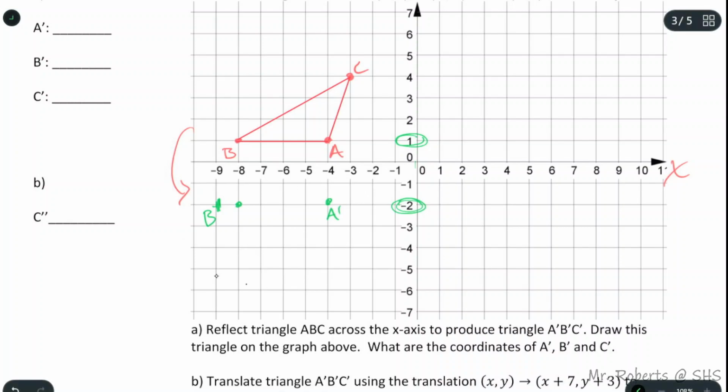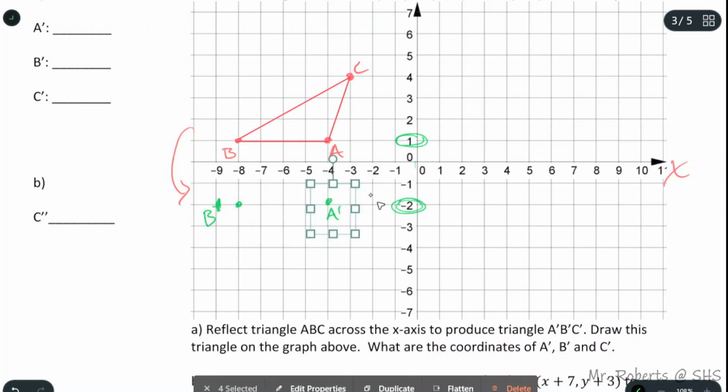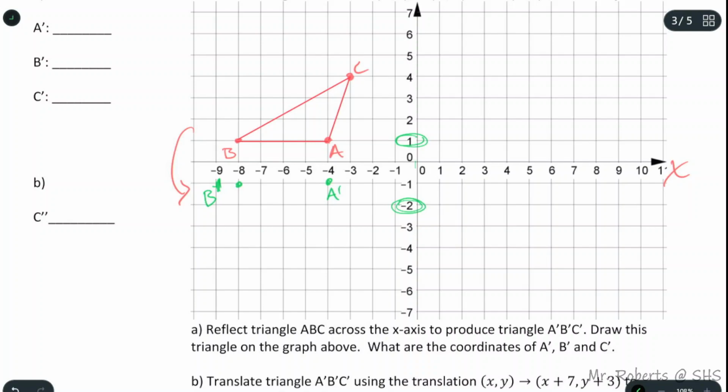No. Will this let me select things? Maybe. Okay, I'm just going to grab it like this. They just have to go up to there. That's better. And it wasn't until I was placing C that I realized that problem. So I need to go to negative 4. So this is where C prime is.